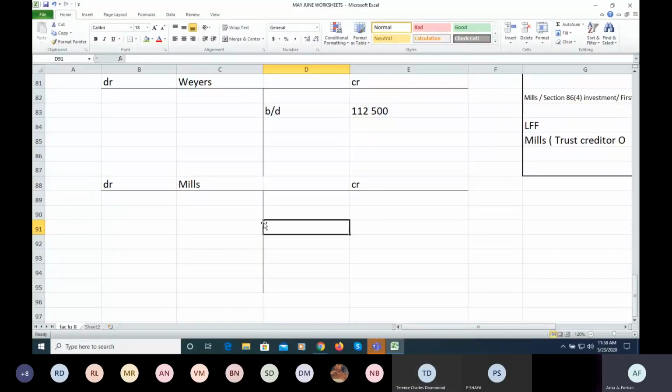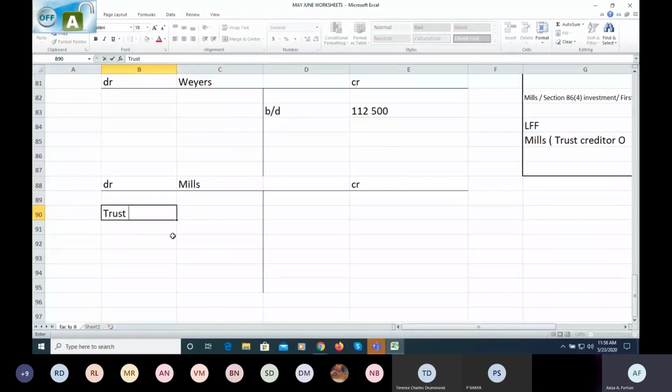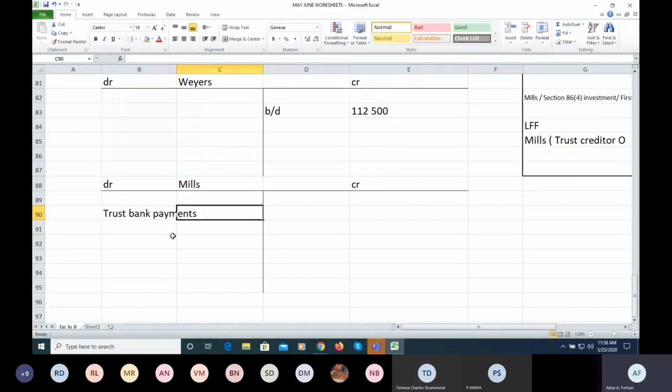Okay. Mills. Trust bank payments equal to 48,750. See why I like that payment was a more accurate reflection of what actually happened. And then 46,875. Okay.